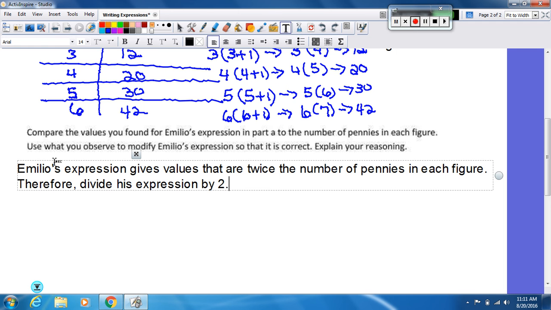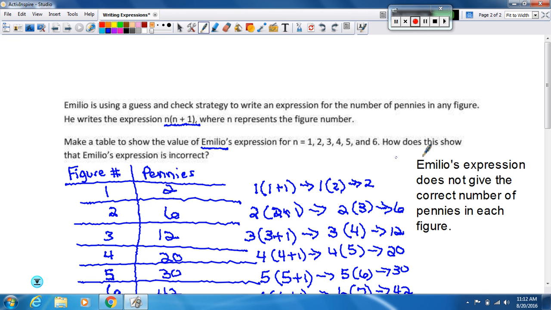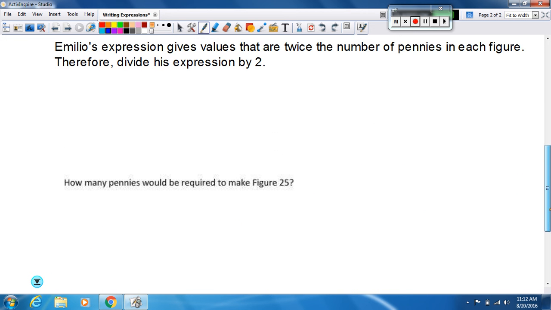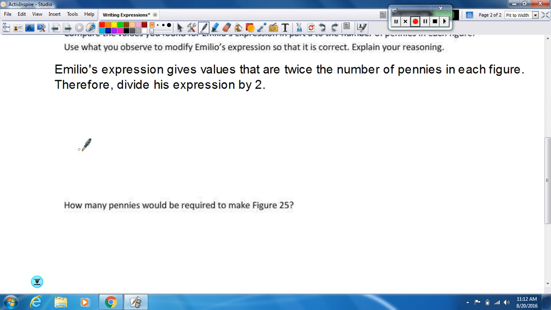Okay, so here's what the new expression is going to be, because here's Emilio's expression. It was n times the quantity n plus 1. It was incorrect. We have to divide that by 2.